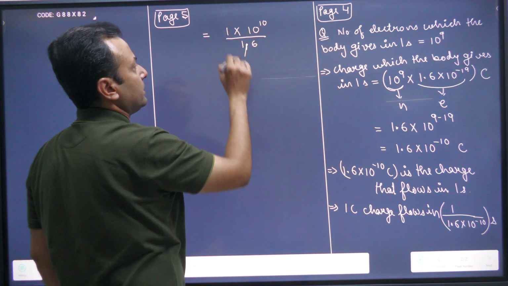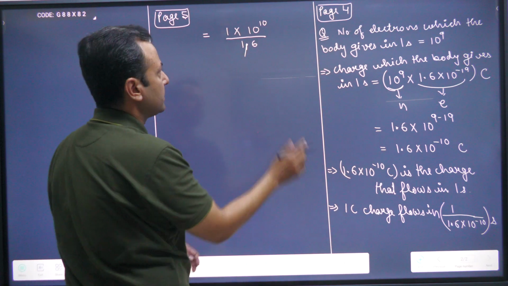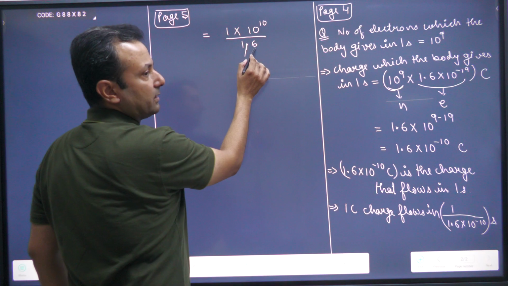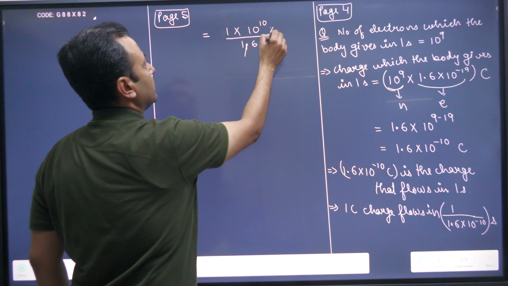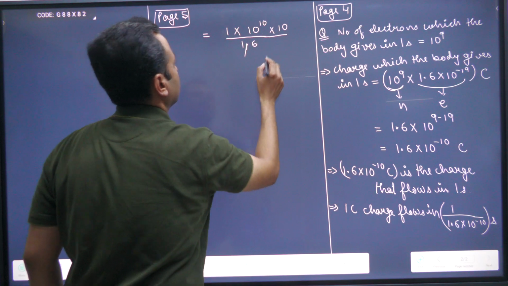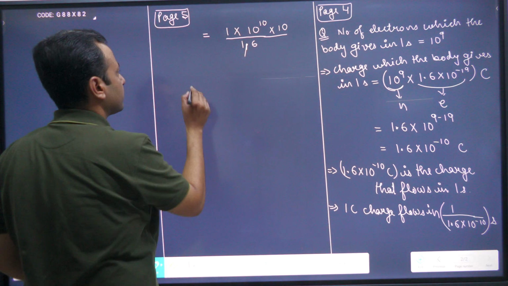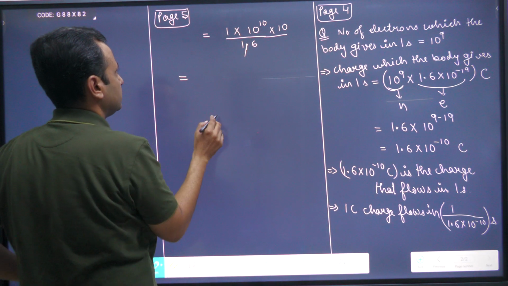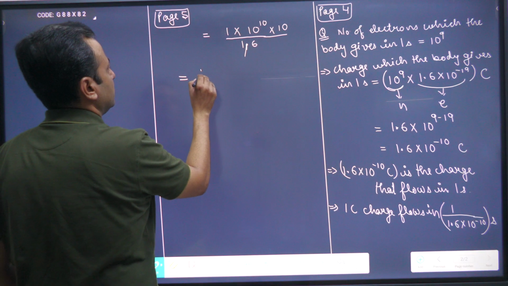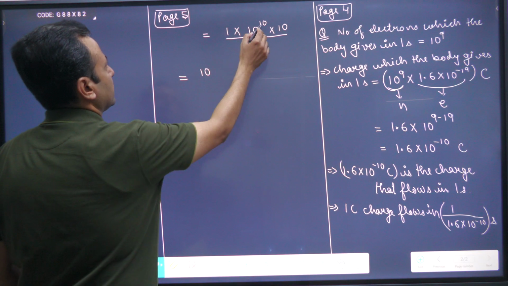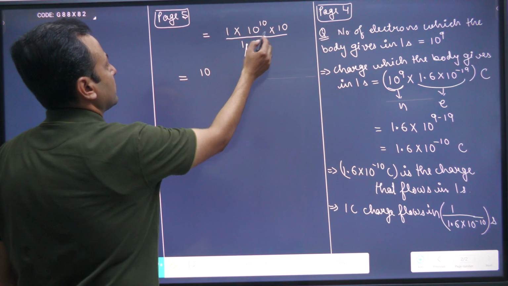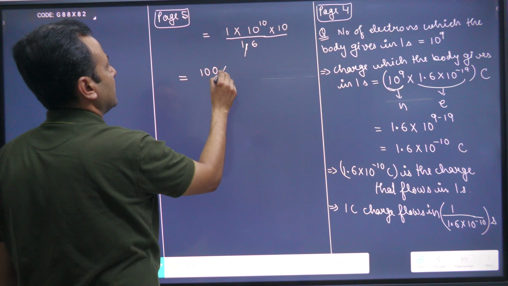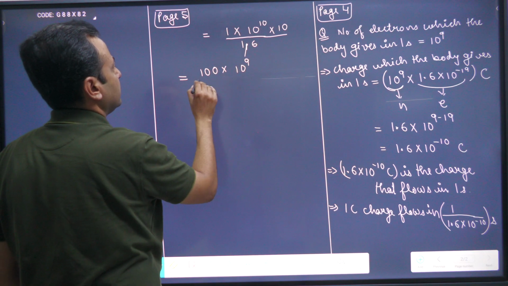Now, if we remove this decimal from here, then how many digits are there after the decimal? One digit. Then we will write 10 here. Now take one power from here also. It will become 100 into 10 to the power 9.